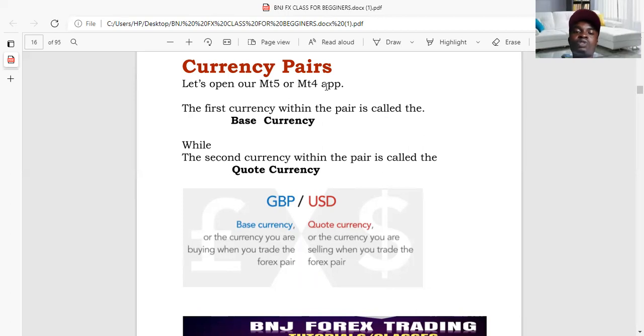When you open, you will see GBP/USD. Let me show us how currency pairs look.